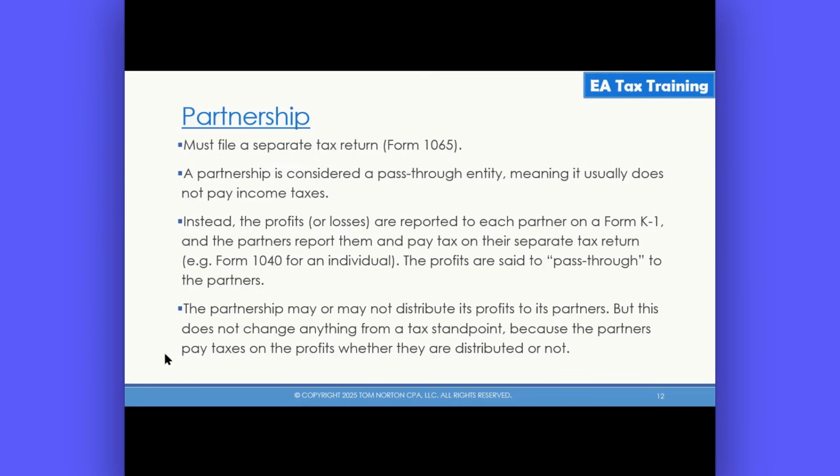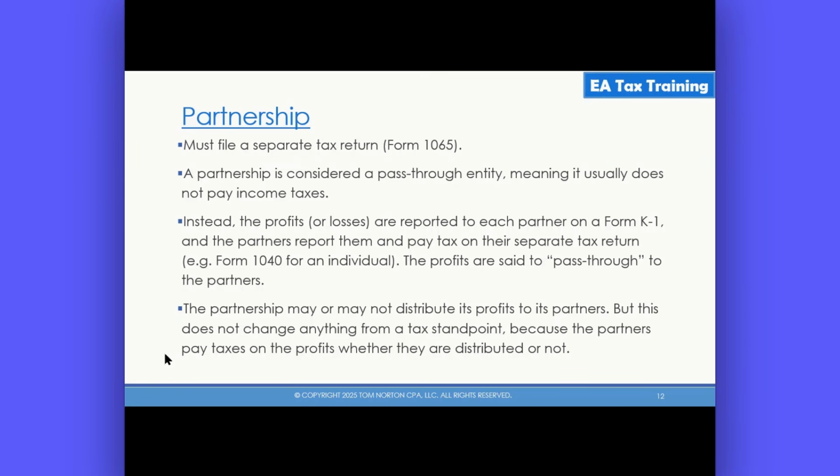Each partner is going to have to pay tax on $25,000 of income for that year, even if the partnership doesn't give them any money to pay the taxes with. So maybe as a business, they decide, well, we need to keep this $50,000 in the business in order to expand or to buy more inventory or to buy some machinery or equipment that we need.